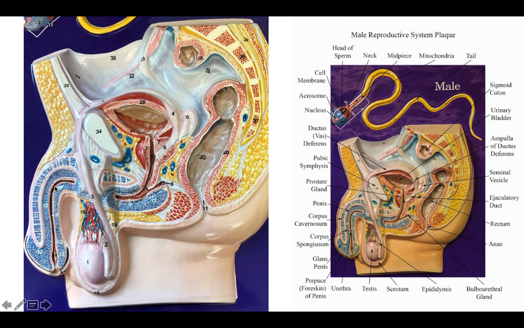So again, these are just these 3 columns of erectile tissue. And by erectile, again, that just means that it will fill with blood during sexual stimulation to help stiffen and enlarge the penis during an erection. So that's the main function of these 3 columns. Their main function is just as erectile tissue for the purpose of an erection.